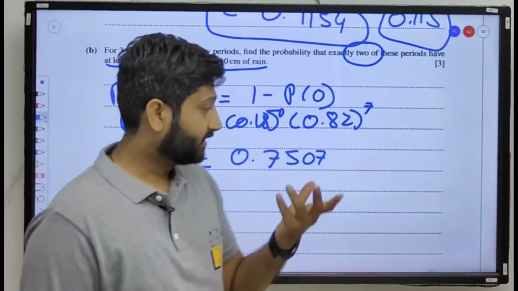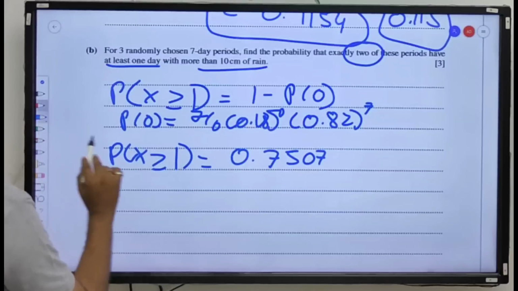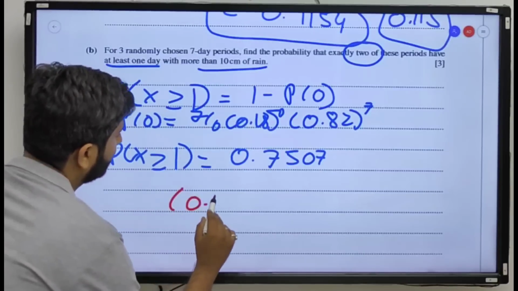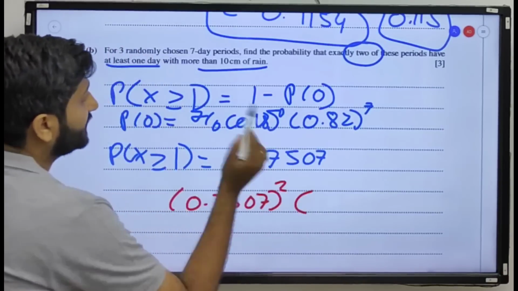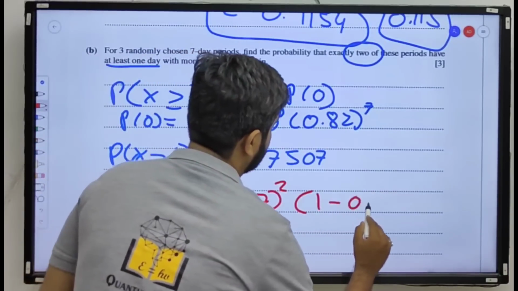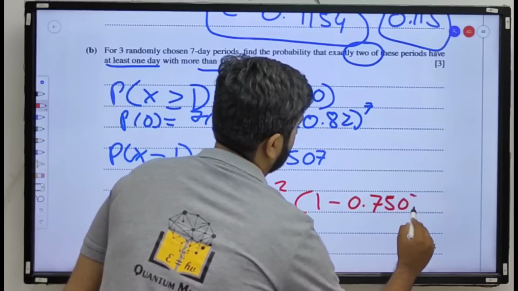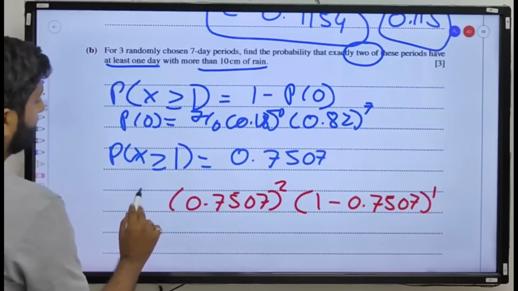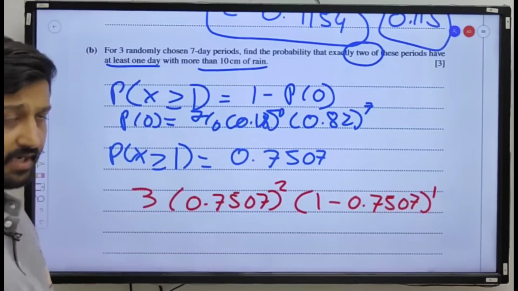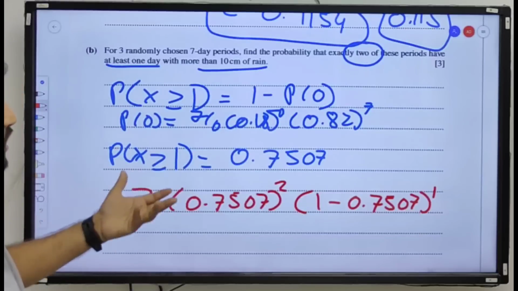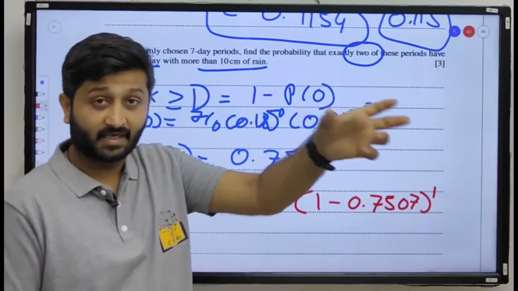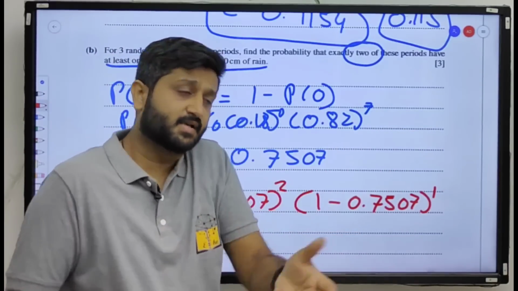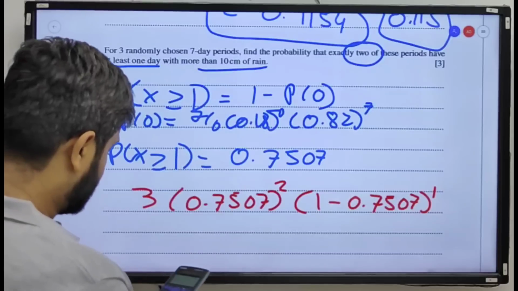Similarly, on any 2 given periods it rains, and on the third period it doesn't, and this whole will be multiplied with 3, right? Because you are not sure which of the 2 periods. So let me do that.